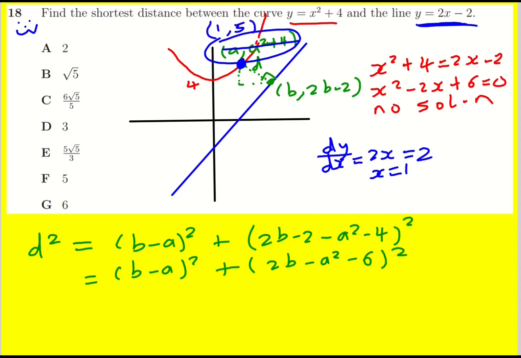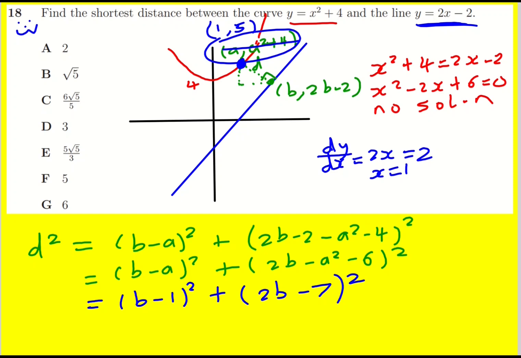I'm not going to do the whole thing again, though. I'm going to take my d squared and now sub in for 1, 5. So I will get b minus 1 all squared plus, then it will become 2b minus 7 all squared. That is my distance squared. I still then have got to minimize this.